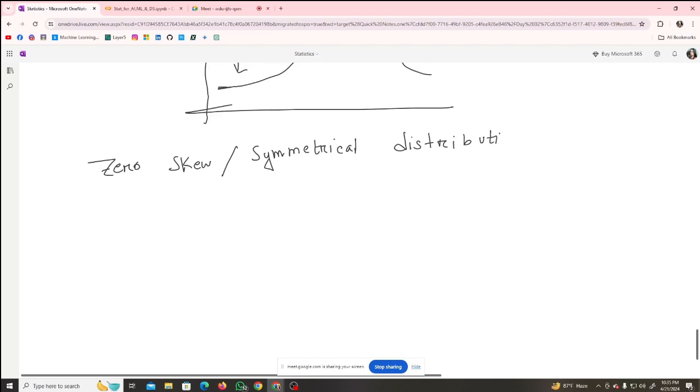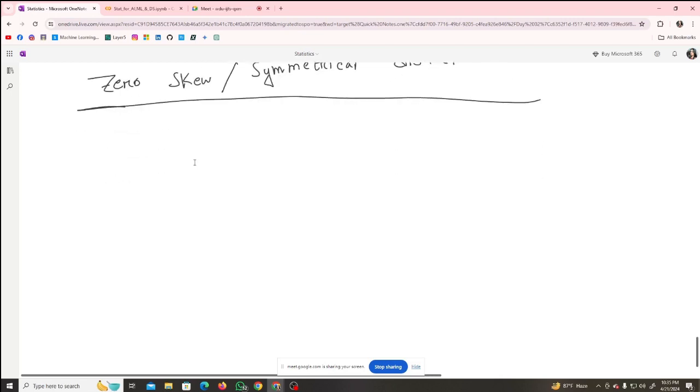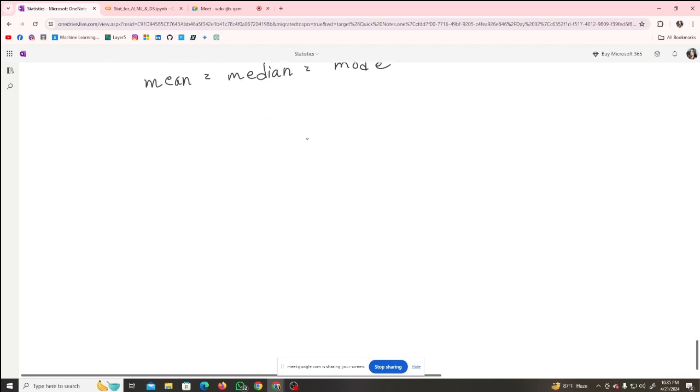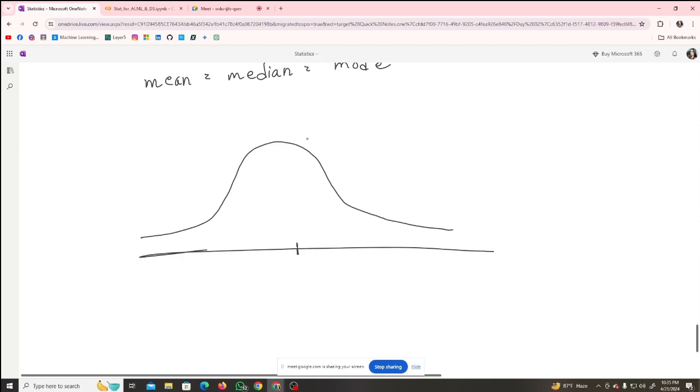In this case, your mean, median, and mode will be equal, and your distribution will look some sort of, okay, it doesn't look symmetrical. So this is your mean value, and your distribution should look like this. You can see the two parts are quite identical. So this type of distribution is known as symmetrical distribution or zero skew.